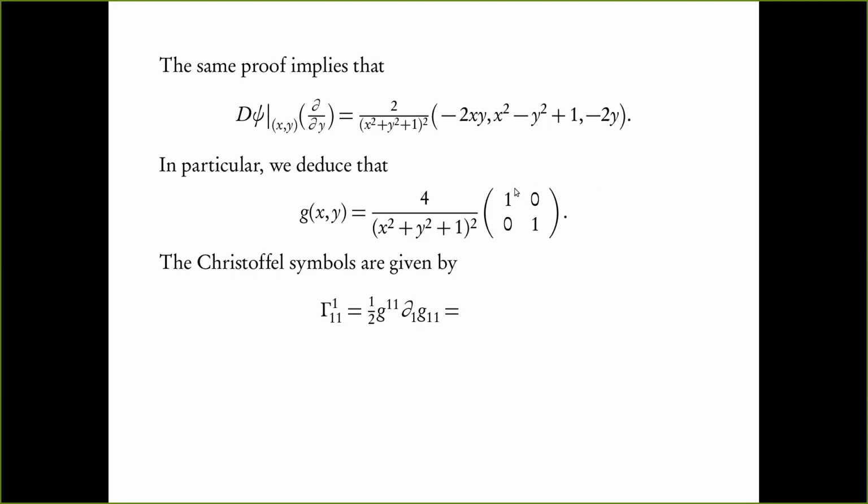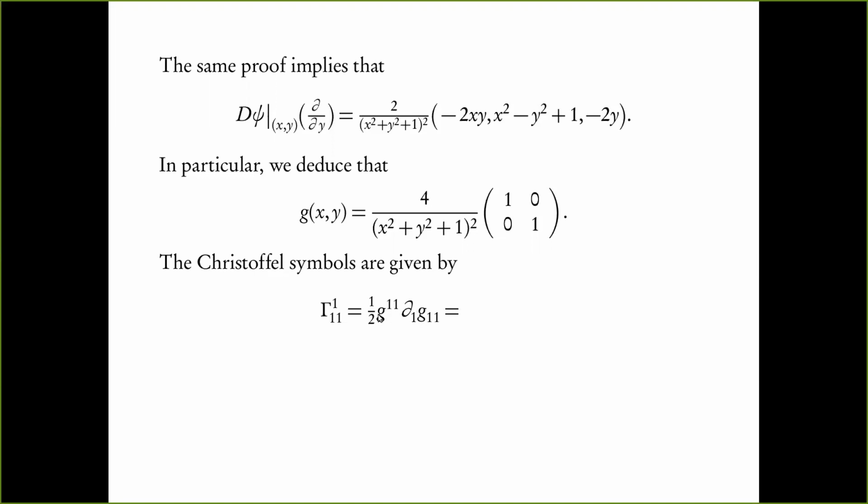Well, remember the Christoffel symbols will have all these del i g j k, but the off diagonal g j k's are 0. So the only things that are going to appear here are del 1 of g11 or del 2 of g11 and del 1 of g22 or del 2 of g22. No g12s can appear because they're 0.